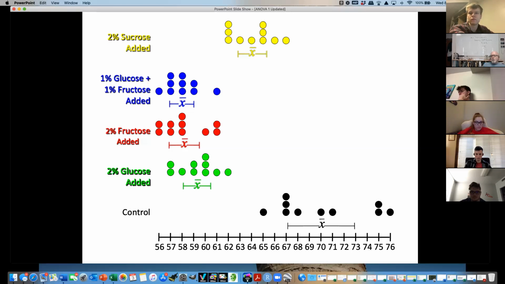Now that you know what a 95% confidence interval is, what would you predict the differences among the means are? Anybody? Hannah?